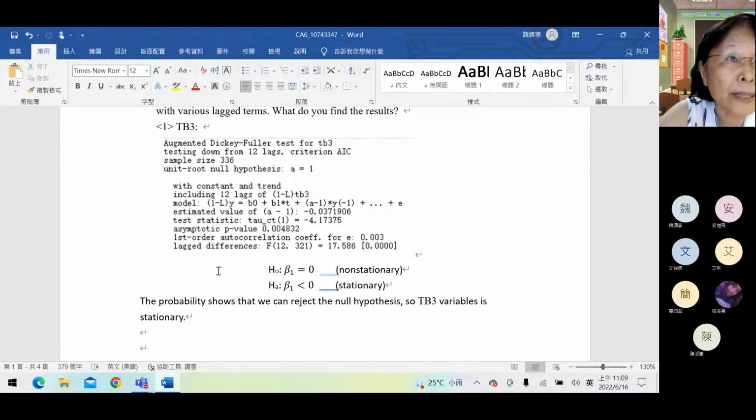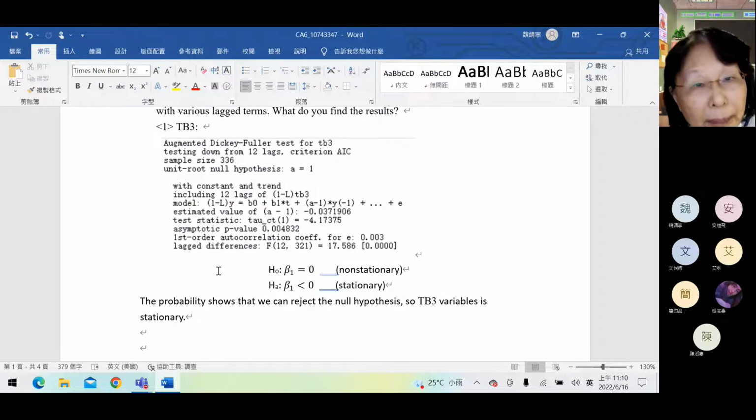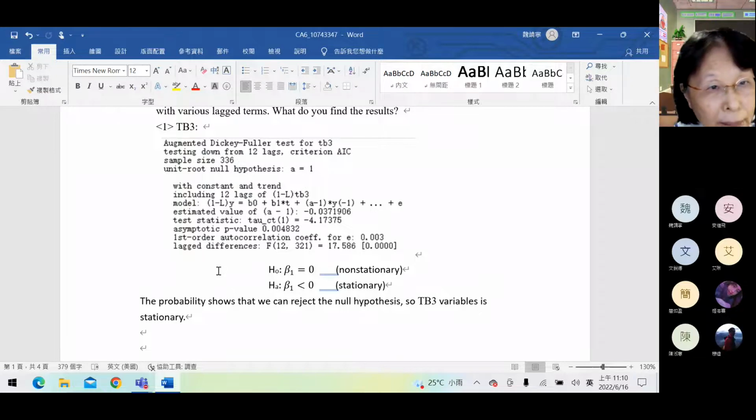Therefore we test the co-integration of these two series. I think this is the point of the questions. Although if you use different lags the result is different, there's no problem with it. I'm not saying this is wrong. This is correct. But you should take the time to try more lags.